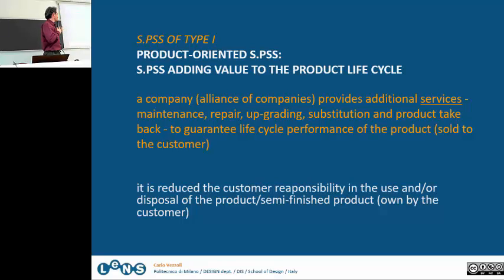So we can say that it reduces the consumer's responsibility in the use and disposal phase of the product, or the semi-finished product, which could sometimes happen. I underline here because we will see the next two types. In this case, the ownership is moved from the producer to the customer.